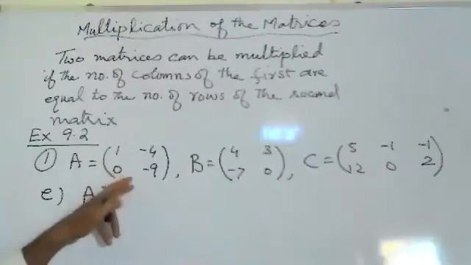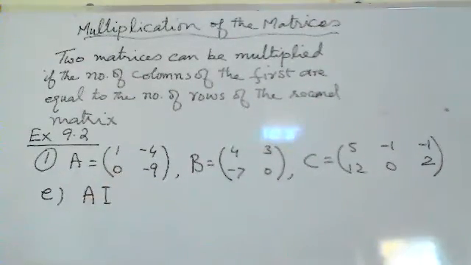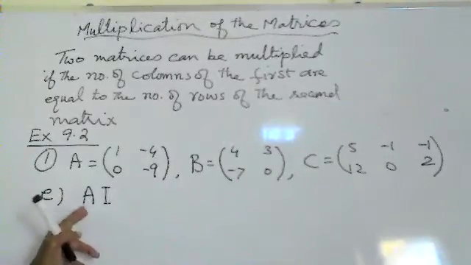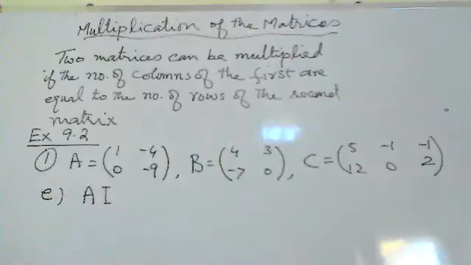If A is 2 by 2, the identity matrix will also be 2 by 2. So identity matrices are always square matrices. They may be 1 by 1, 2 by 2, 3 by 3, 4 by 4, etc. So they must be square matrices. If A is 2 by 2, I should also be 2 by 2.